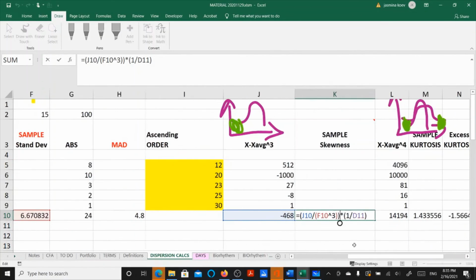Oh, sorry guys, my mistake. You divide by the standard deviation, you divide by the standard deviation to the power of 3. And I need to draw this out so that it doesn't get lost with the values the way that they're recorded. Again, this is for skewness.